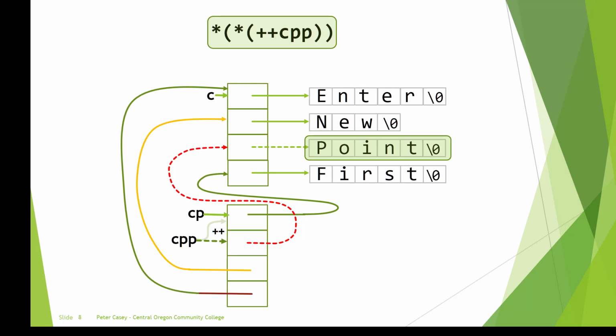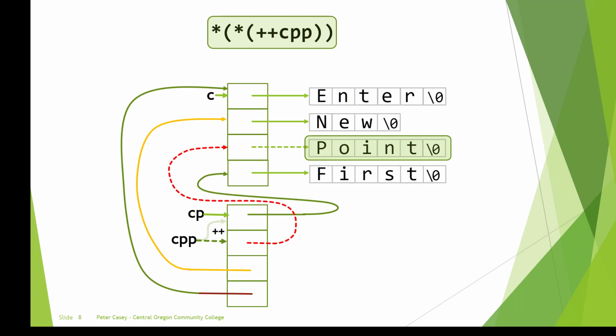So looking at the picture below, we pre-increment CPP, so now it's pointing at the second element there in the array that CP is pointing at. You'll notice that the dashed line represents the solution here. So CPP is pointing at the second element. We dereference that second element and we get another pointer. That's the red dashed line.